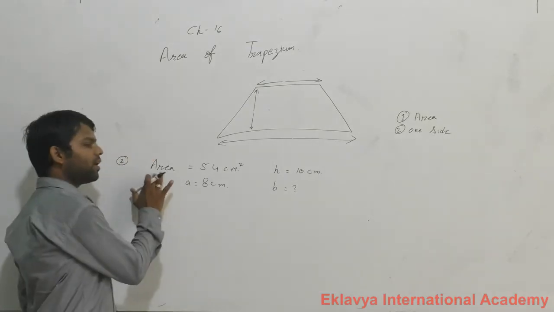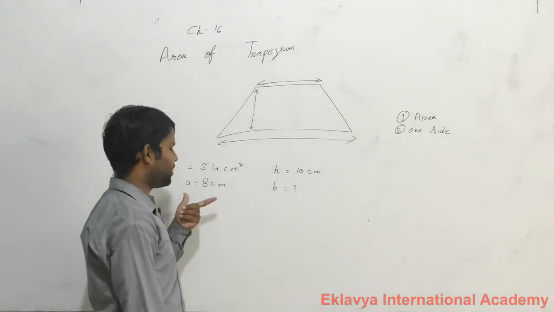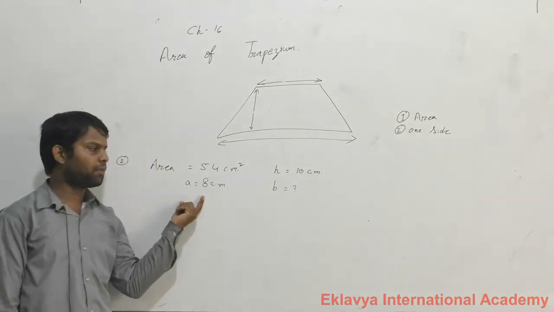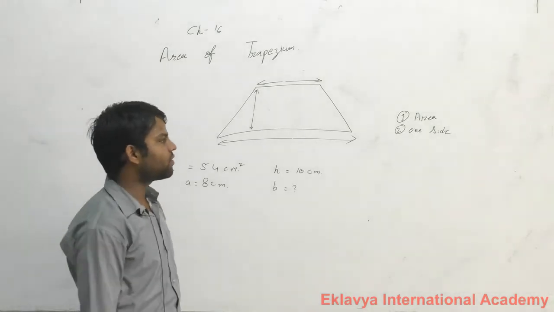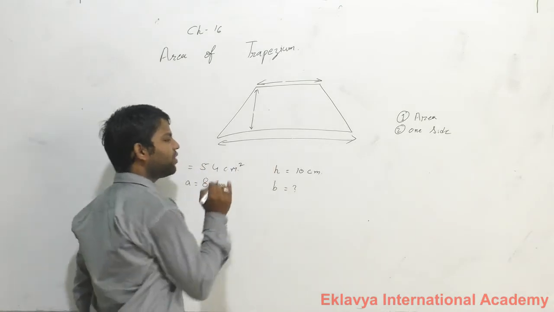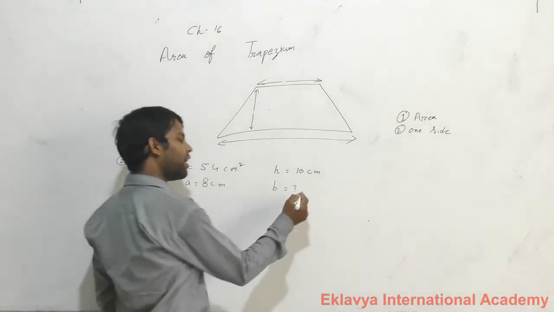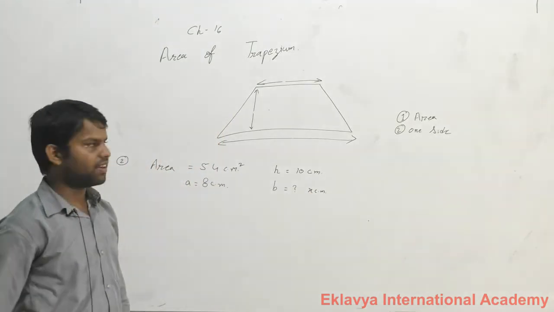So if area is equal to 54 centimeter square, height is 10 centimeter, one side of the trapezium is 8 centimeter, we want to find the second parallel side of trapezium. Let's assume it is x centimeter.